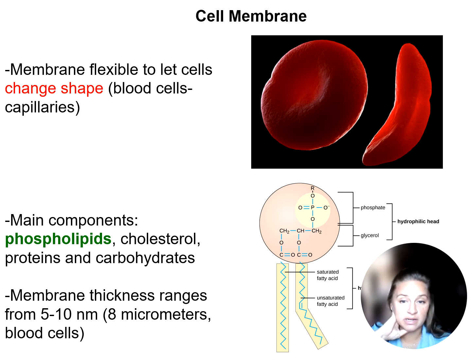The main components of cell membranes are phospholipids, cholesterol, proteins, and carbohydrates, but mainly phospholipids. If you remember back to when we talked about the different classes of macromolecules, one of the classes was lipids. Lipids are fats. And a special type of lipid is called a phospholipid. This is a picture here of a phospholipid, and you see it has two parts.